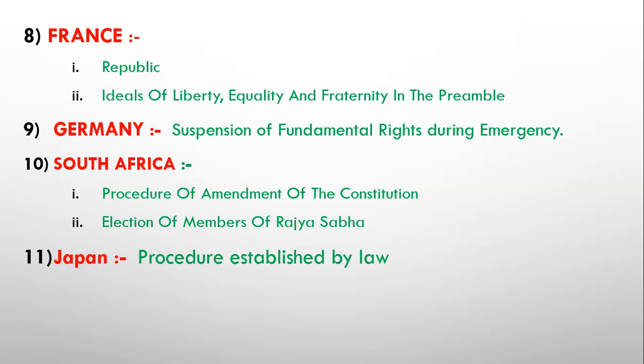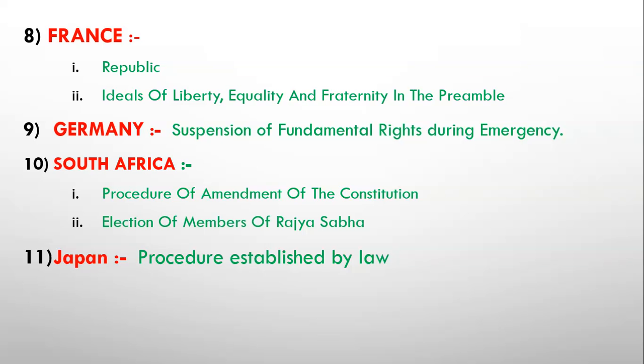Now, what is liberty? Liberty means freedom. Equality means all the people are equal in the eyes of law. We all are actually equal. Whether it is a billionaire or a very poor person, suppose there is a billionaire, a very rich person, and a very poor person. Both of these persons are equal in the eyes of law.